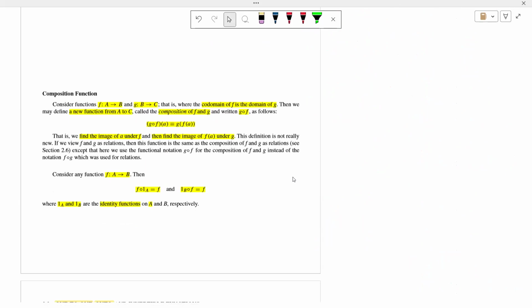So the next one, composition of functions. Let's imagine you have a function f from A to B, so A is the domain and B is the codomain.